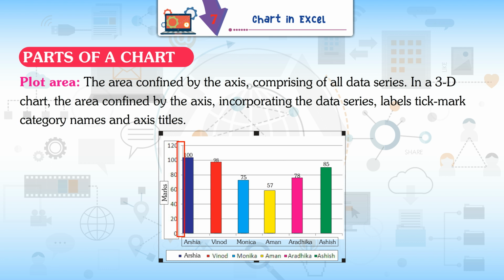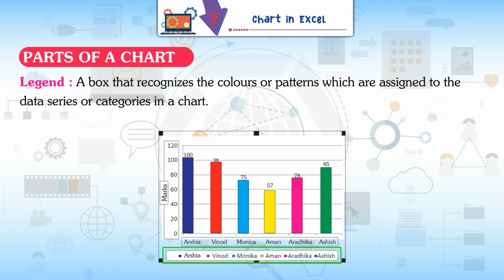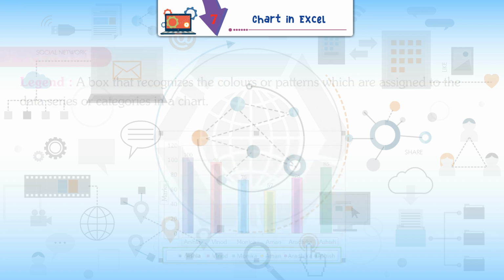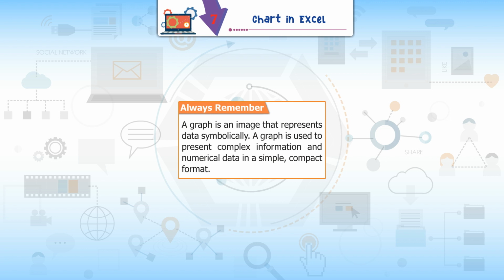The area confined by the axis comprising all data series. In a 3D chart, the area confined by the axis incorporating the data series, labels, tick marks, category names, and axis titles. Legend. A box that recognizes the colors or patterns which are assigned to the data series or categories in a chart.